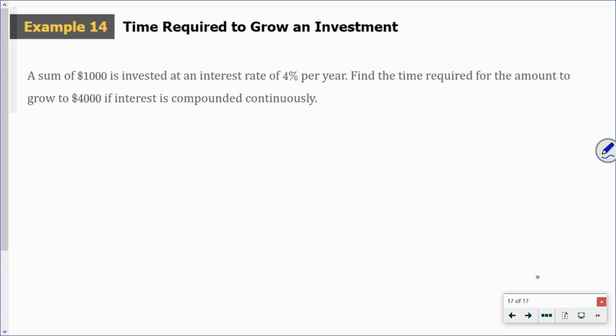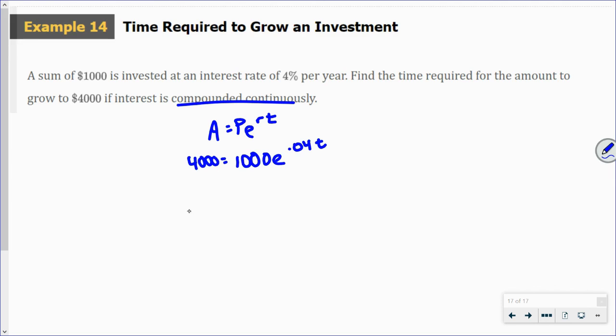Okay, a sum of 1,000 is invested at an interest rate of 4% per year. Find the time required for the amount to grow to 4,000 if compounded continuously. Okay, so that's the A equals Pe to the rt equation. We're going to go from 1,000 times e with our interest rate of 0.04 to 4,000. So divide by 1,000. So 4 equals e to the 0.04 t.